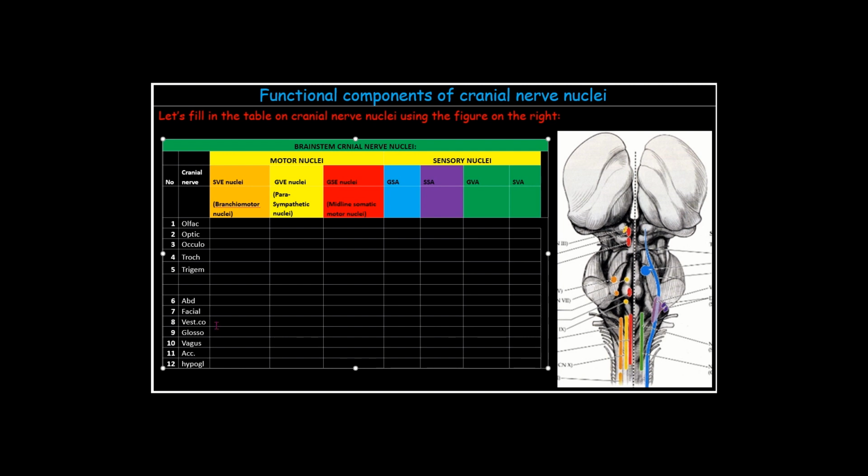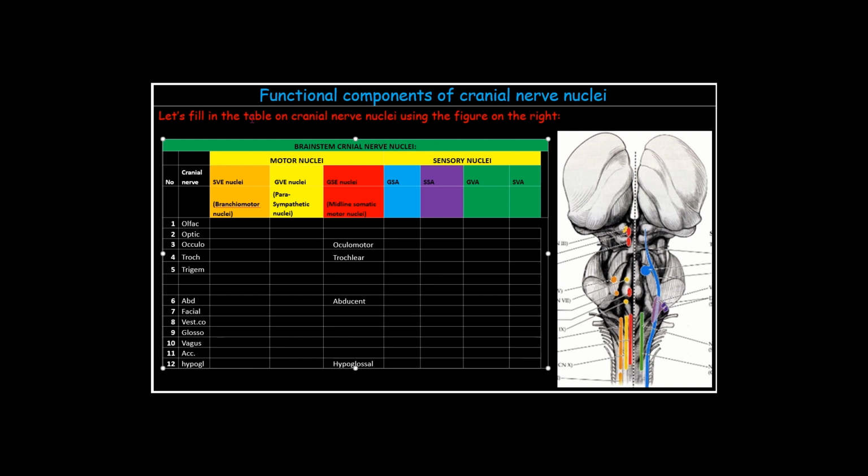Then the ninth and tenth cranial nerves are glossopharyngeal and vagus. Then we've got the accessory nerve, which is the 11th cranial nerve, innervating trapezius and sternocleidomastoid muscles. And lastly, the 12th cranial nerve, which is the hypoglossal nerve, providing motor innervation to the muscles of the tongue.